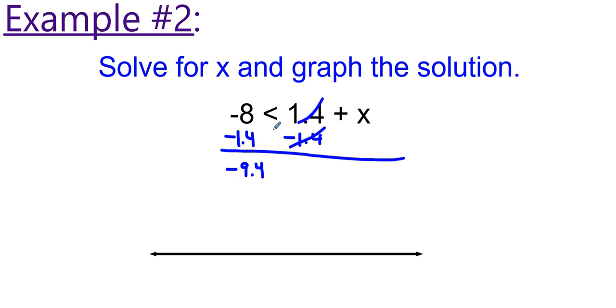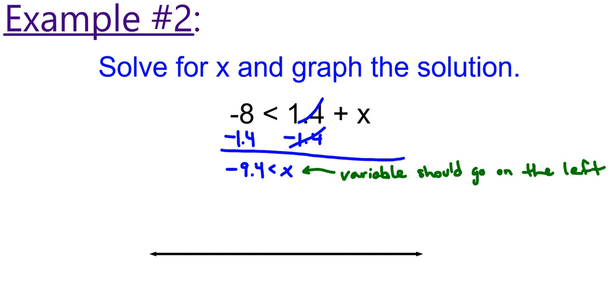We have a less than x on the right-hand side here. Now the conventional way of writing inequalities is to put the variable on the left-hand side. So the variable should go on the left.